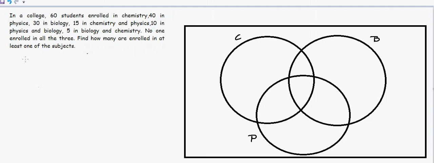So we have 60 doing chemistry, 40 doing physics, and 30 doing biology. Now we have 15 in chemistry and physics.